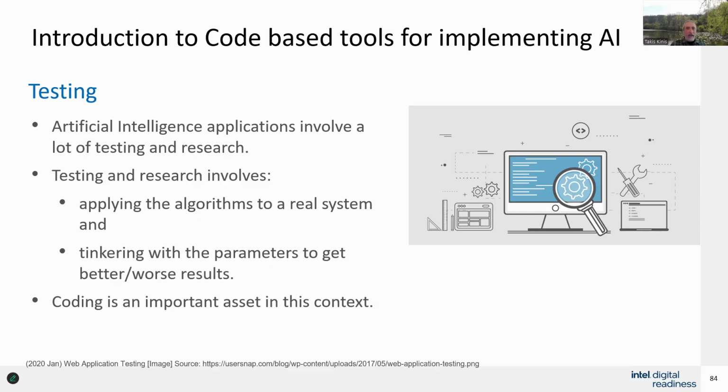Another big aspect is getting AI in on the mix to do testing and research on your code, right? Here what they're showing is that in the testing process, you have to put algorithms into a real system and check it. And then sometimes you have to tinker or tweak stuff to get it to run right.